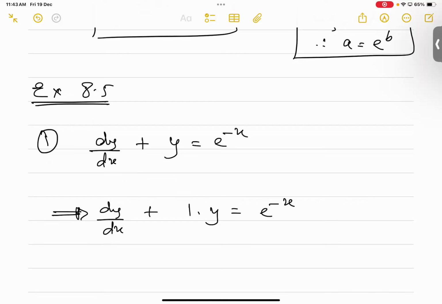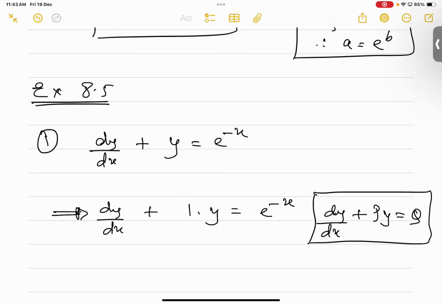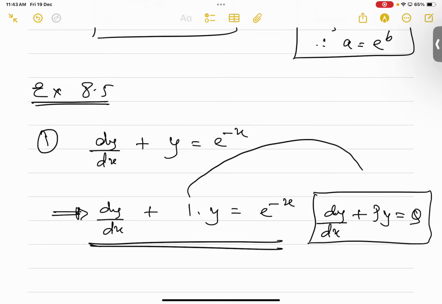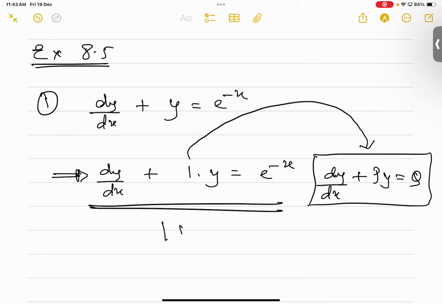Now in this particular case, the method of substitution, variable separable, HDE, all these methods will fail. HDE will also fail because this is x in the power. Is this of the format dy by dx plus py is equal to q? Yes. So this is LDE type 1.